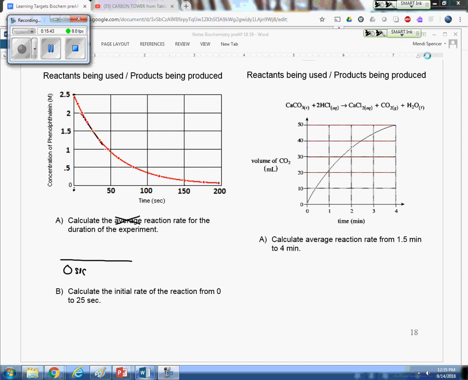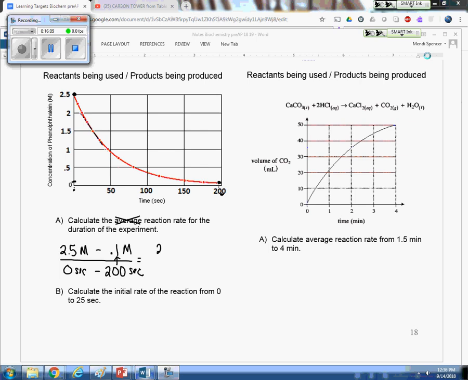Let's go up. It was 2.5 M. That'd be moles per liter there, okay? Now let's go to the end. Okay, let's say that's all the way at the end there. Let's go 200 seconds. And then what coincides with that? Well, it's not a 0. Let's call that 0.1. We need to be precise. 0.1 M. We subtract those two numbers.